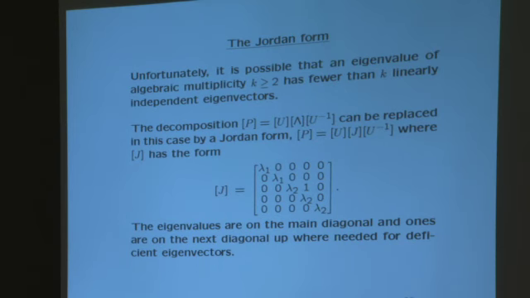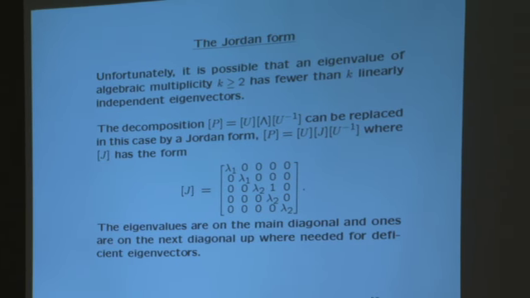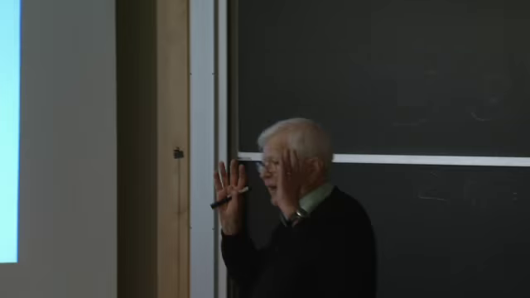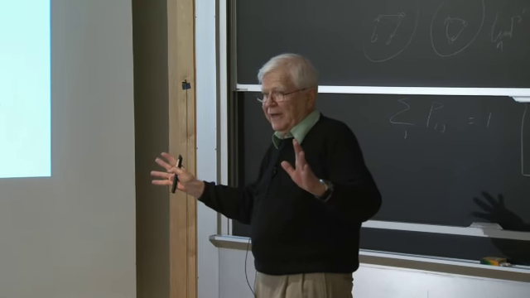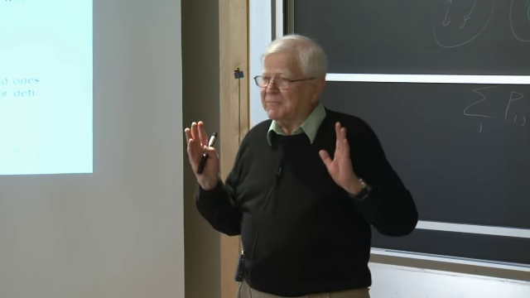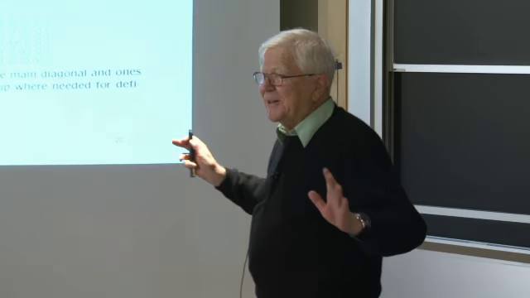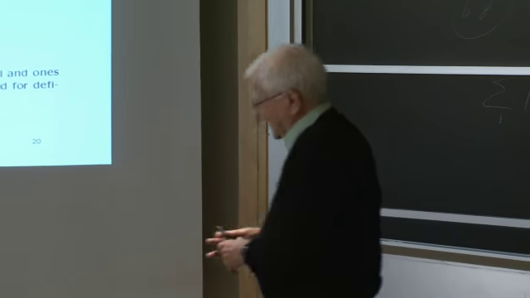So every time you have a deficient eigenvector, you have some 1 appearing there. And then there's a way to solve for U, and I don't have any idea what it is, and I don't care. But if you get interested in it, I think that's wonderful. But please don't tell me about it, okay?